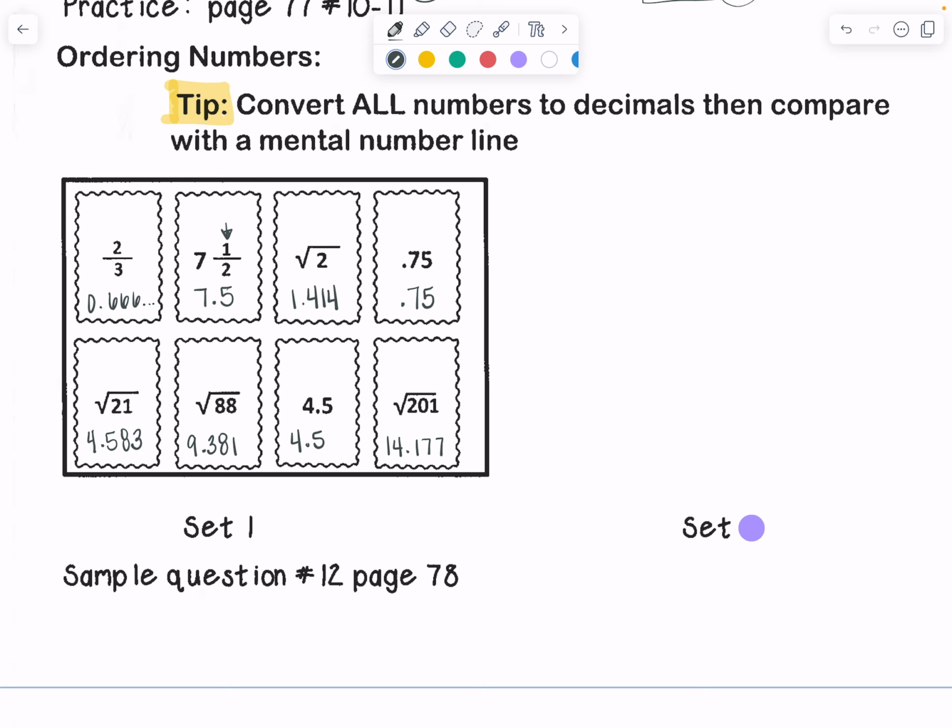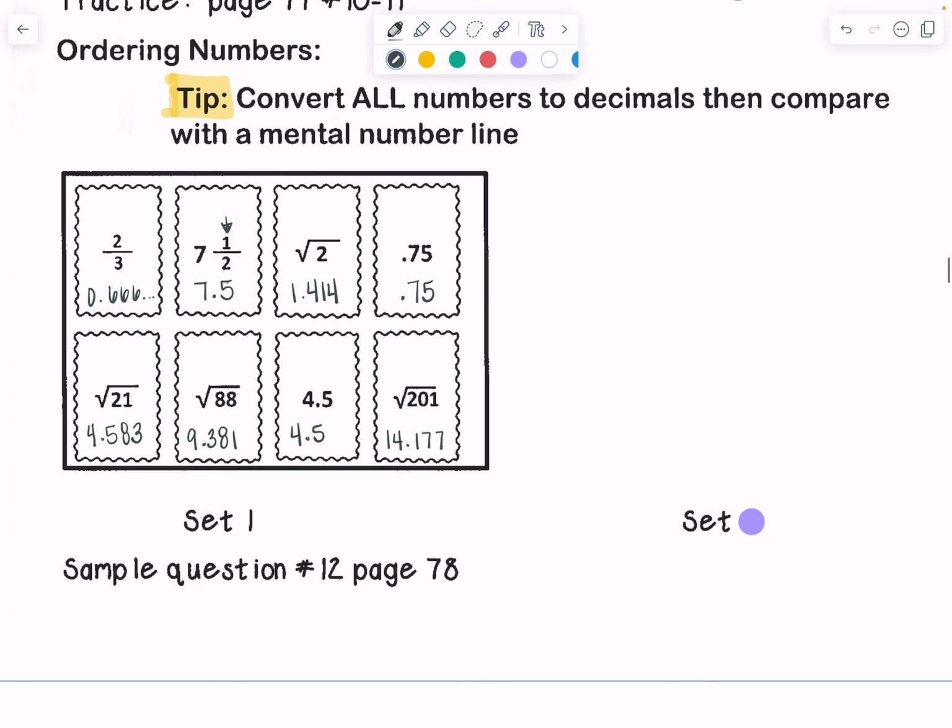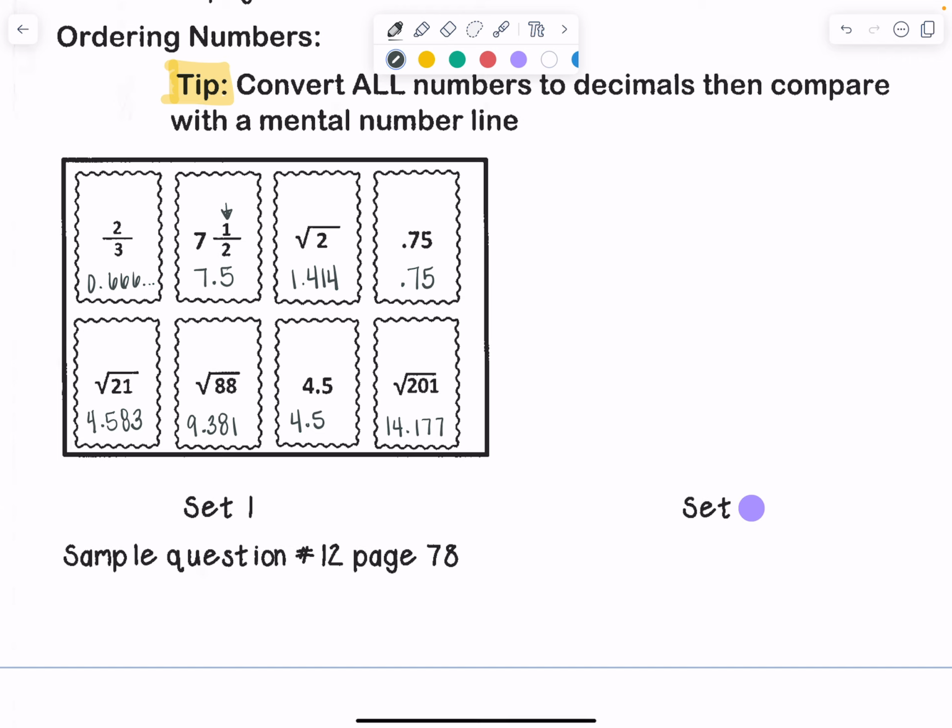Okay, so I've converted everything to a decimal. Now I'm going to order them. It doesn't specify, but let's just say least to greatest. Since I'm limited on room, I'm going to just put a number by it. Number 1 by the least, number 2 by the second least, etc. So the smallest number on my screen is 0.6.